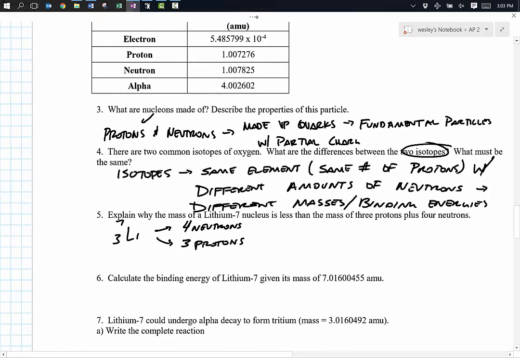When we look at an element written out this way, that's the total number of nucleons, so protons plus neutrons. That is the number of protons. That's how we know it's 4 neutrons and 3 protons. Now, 4 neutrons and 3 protons together have a bigger mass than lithium-7.